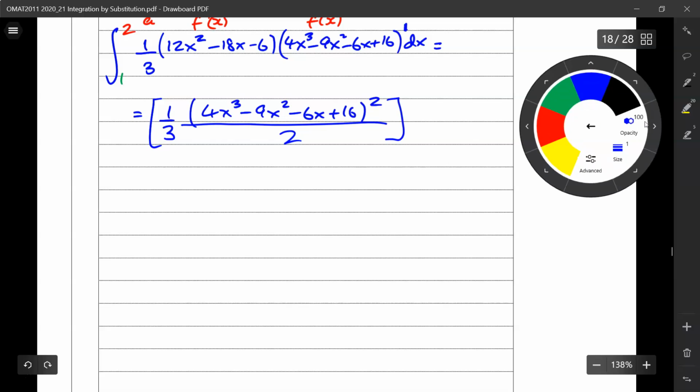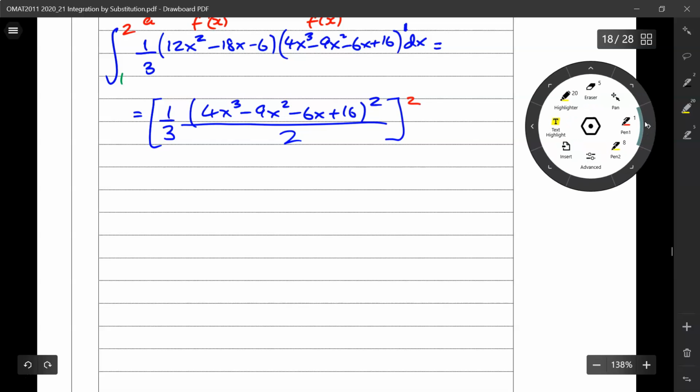That's calculated between the upper and lower limits, going from 2 to 1. I can bring the 3 and the 2 together, so I have a 6 here, so I can bring the 1/6 outside the bracket. And then I can evaluate this function.